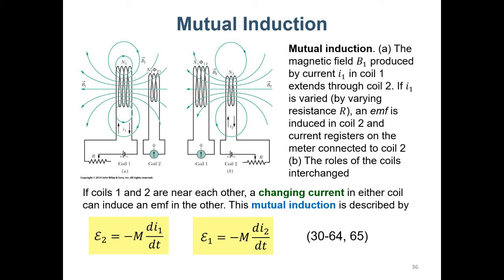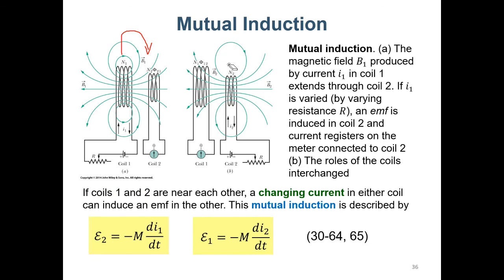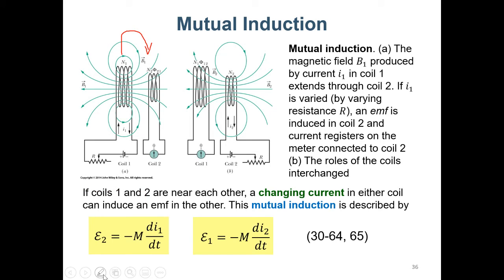So this is what we call the mutual inductance. This one generates something to influence this one, and this one generates something to influence this one. Coil one generates the B field to influence coil two, and coil two generates the B field to influence coil one back.